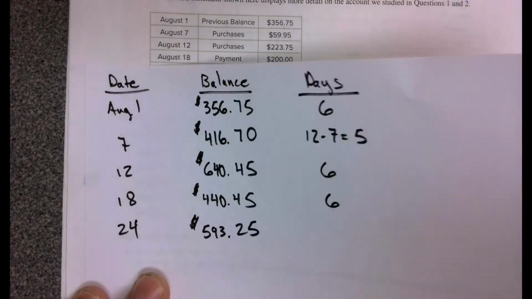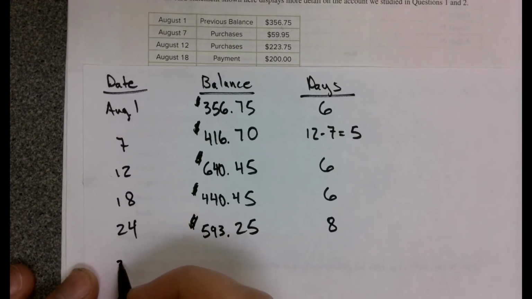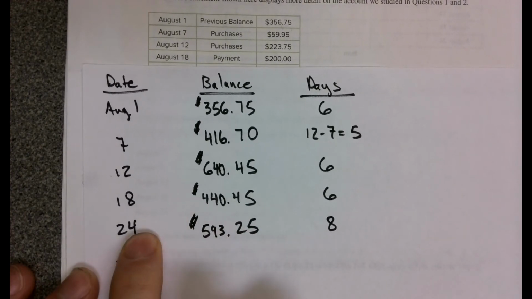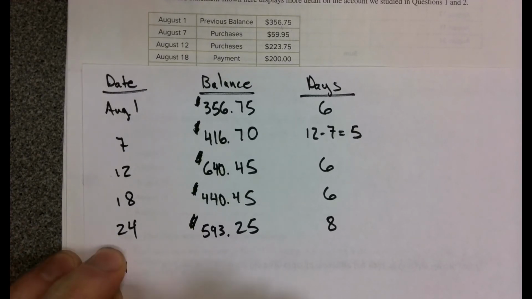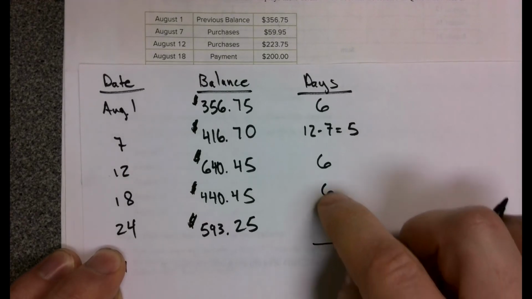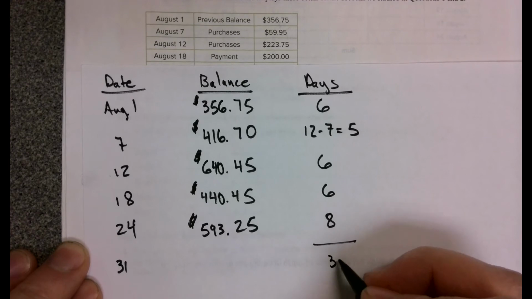So for 8 days, it remains that balance. Now notice that is not the same thing as doing 31 minus 24, which would get us to the end of the month. We have to include the 24th day in the number of days here. We could do a quick check. Do these numbers add up to the total number of days in August? Which they do. That's 31.